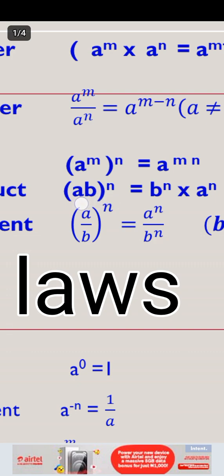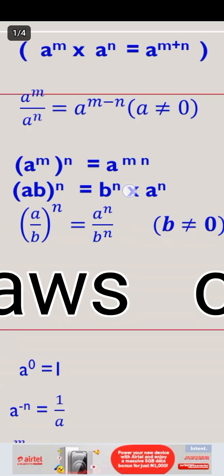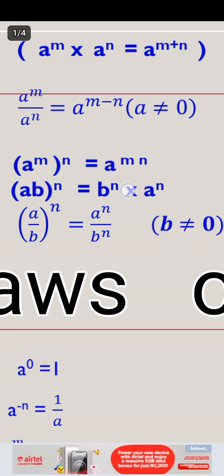For instance, a raised to power m, bracket, raised to power n. So what you need to do here is to multiply the two powers. That means it becomes equal to a raised to power m times n.